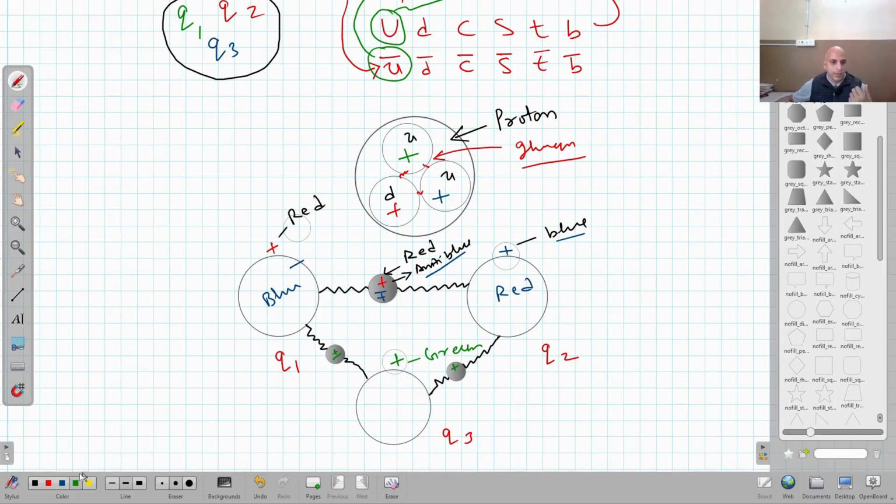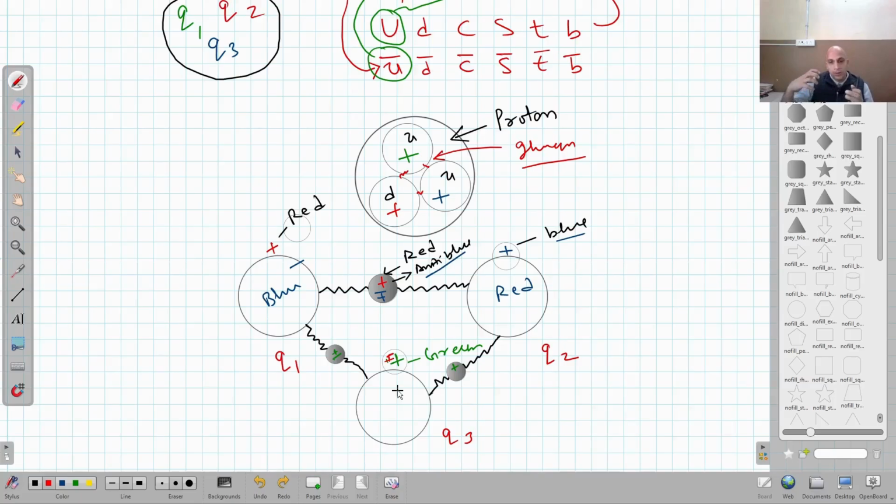So you can have red here, and it is anti-red. In this way you can see all these three quarks continue to interact with each other inside the hadron. Particularly in this case, we are taking the case of a proton.